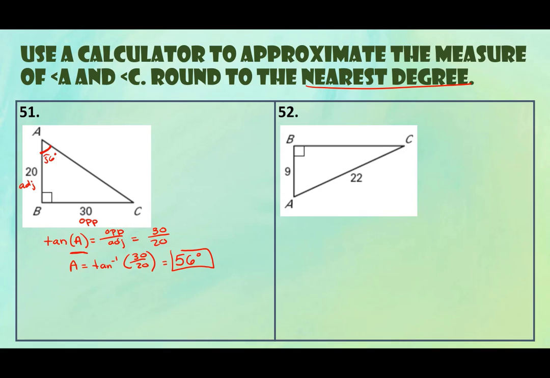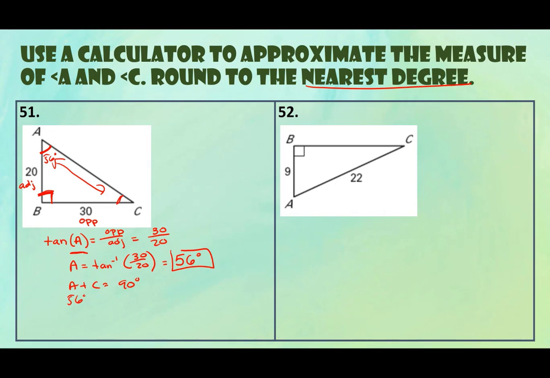Now, I could use trigonometry again to solve for angle C, but there's an easier way, because all of the angles in a triangle have to equal 180 degrees. And in a right triangle, the other two angles have to be equal to 90 degrees because we already have a 90-degree angle. So I know that angle A plus angle C has to be equal to 90 degrees.